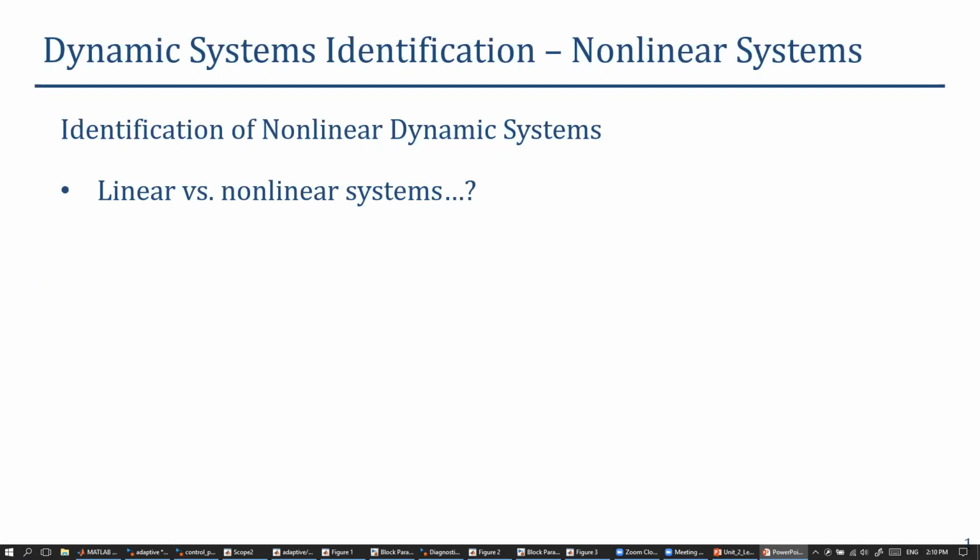So can someone explain to me what a linear system is and what a nonlinear system is? What do you understand as a linear as opposed to a nonlinear system? Or give me an example.